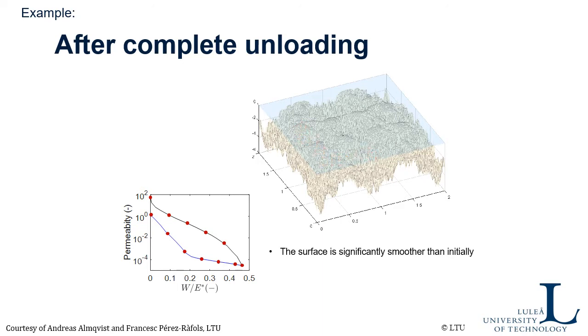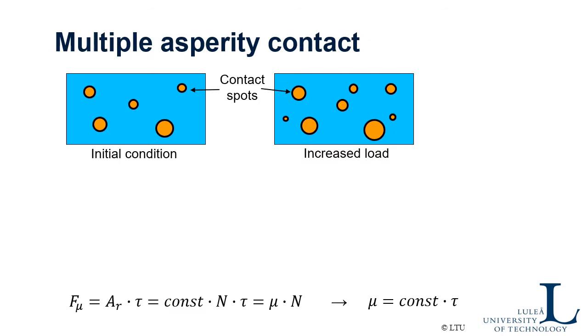So this example shows a typical behavior of a rough surface coming into contact with another surface and becoming first elastically deformed and then also plastically deformed, and when you release the load the permanent plastic deformation is there, so you have actually smoothened the surface by doing that. I just wanted to show that as an example.